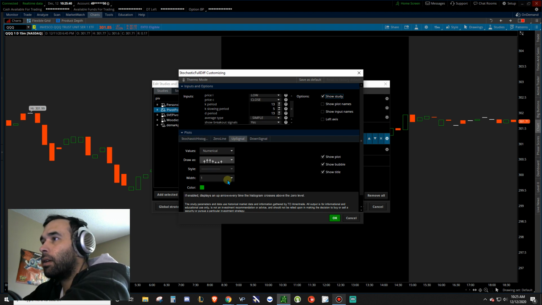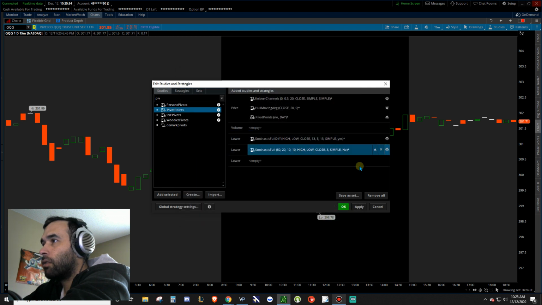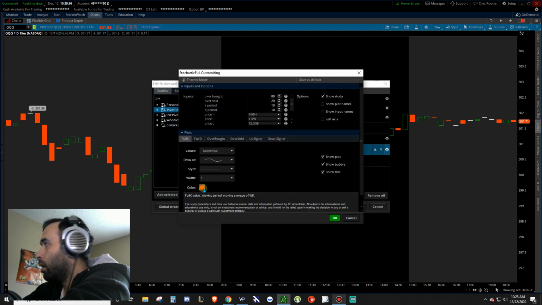As far as me, these up signals, if you want to use these arrows as confirmation to get in, I just make these huge because they're kind of small and they don't stick out very well. So everything else is fine. Leave that as is, and then stochastic full. You want to change this one to yellow, or I'm sorry, cyan, and then this one to yellow.